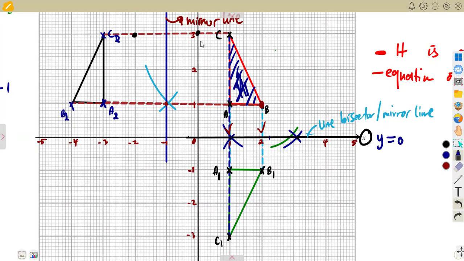X is equal to 1, x is equal to 0, x is equal to 3, x is equal to 4, depending on where the mirror line is passing through. But that's not the only type of mirror line that you're supposed to expect. We can have a mirror line slanted like this. These are the typical questions that we are going to have in our next class.